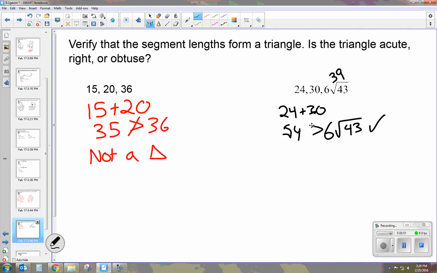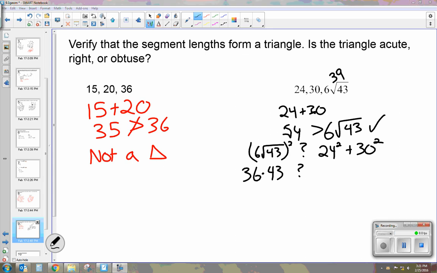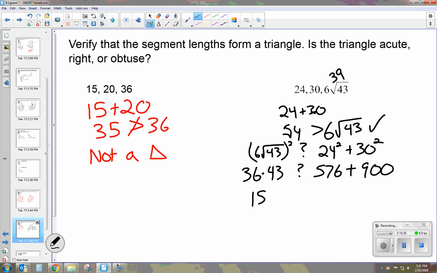So we're going to take our c, which is 6 times the square root of 43, squared, question mark, our 24 squared plus 30 squared. 6 squared is 36, times the square root of 43 squared is 43, question mark. 24 squared is 576, and 30 squared is 900. 36 times 43 is 1,548, and 576 plus 900 is 1,476.